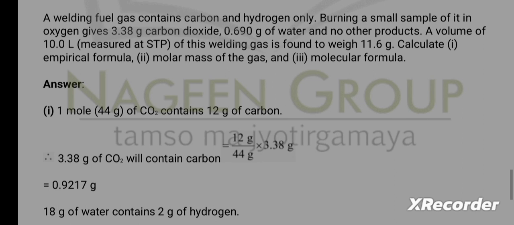So 44 gram is equal to 12 gram. Then how much is equal to the 3.38 gram? That is 12 by 44 multiplied by 3.38, which comes out to be 0.92.